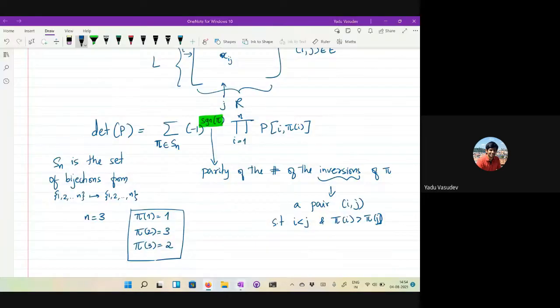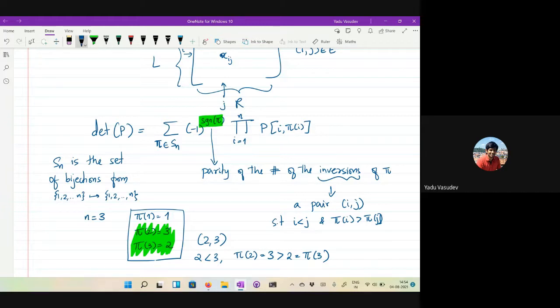There is one inversion. If you take the pair 2 comma 3, then 2 is less than 3, but pi of 2 is 3, which is greater than 2, which is equal to pi of 3. So this is one inversion.